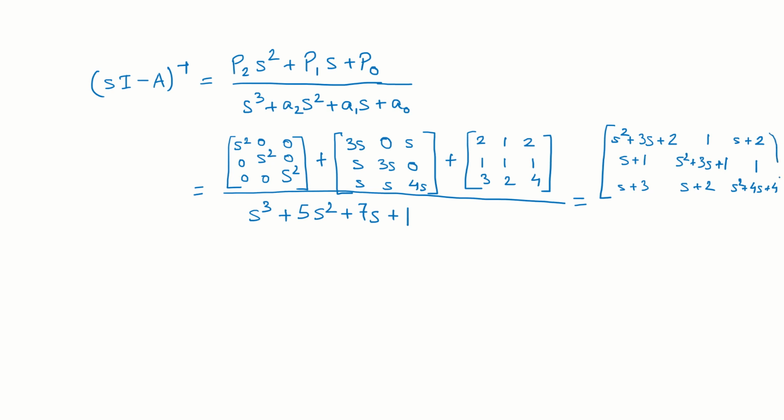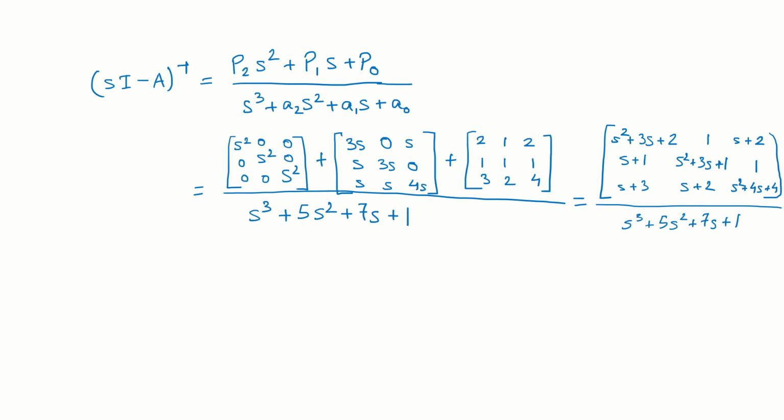Let me just check with my notes. Yeah, everything looks fine. So this divided by s cube plus 5s square plus 7s plus 1.